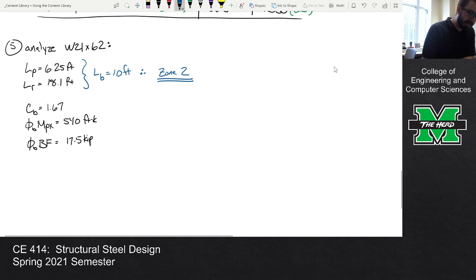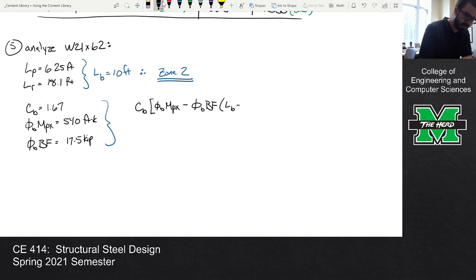All right. So now that we've got all of this, we can compute the following. So remember, we compute this, which is, when you chug that out, 792.2. We compare it with this, which is just 540.